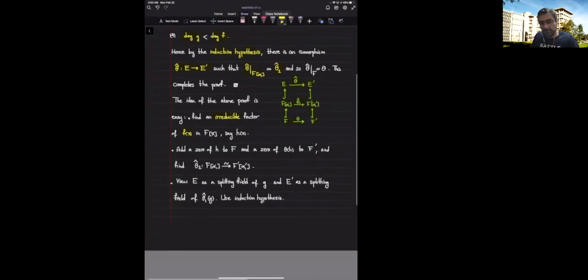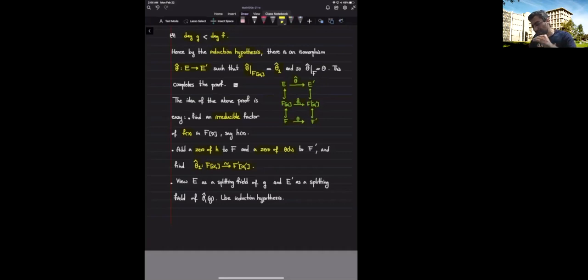Let's call it h. Then we take a zero of this irreducible factor, and we take a zero of the copy of this irreducible factor inside f prime. Then we can find a ring isomorphism between the rings that we get after adding the zero of the first copy and a zero of the next copy.